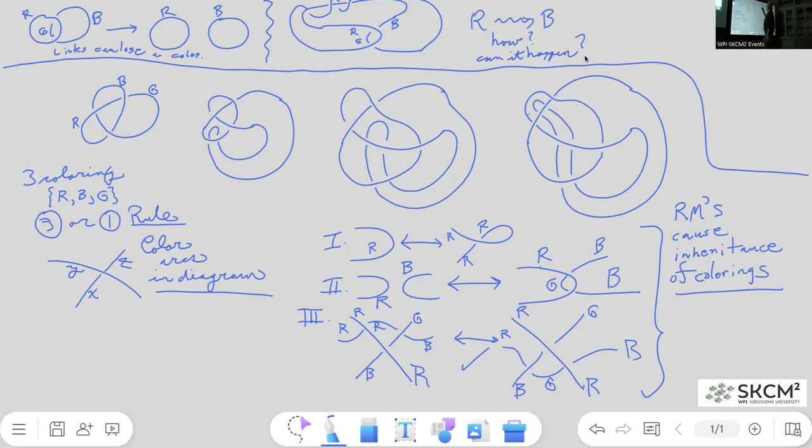So that means that the answer is there was a green out there somewhere. So then the situation schematically looks like this, that you went from here to here, and at some point you met green.